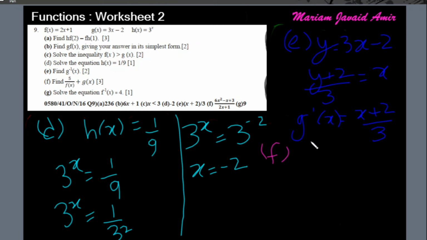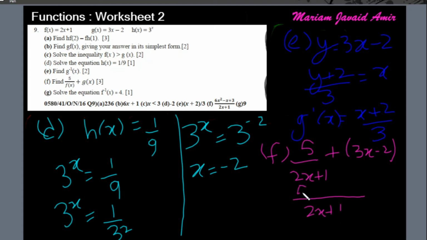Part F, 5 over f(x) plus g(x). f(x) is 2x plus 1, and g(x) is 3x minus 2. We have to, I believe, change it into a single fraction. So take LCM. We get 5 plus (3x minus 2)(2x plus 1) over 2x plus 1.